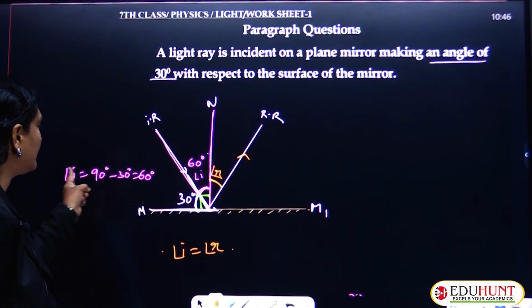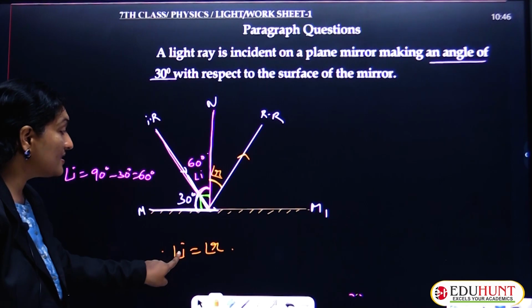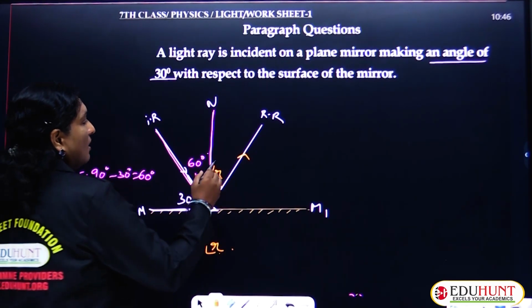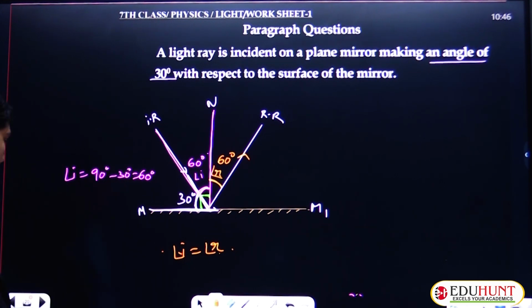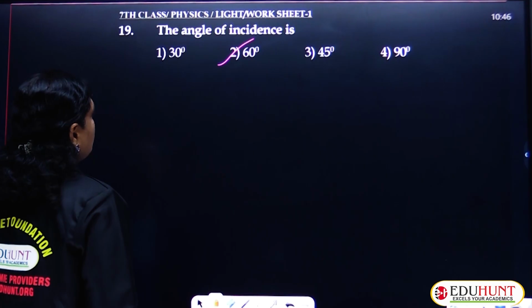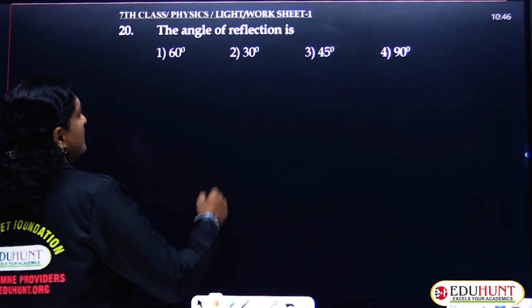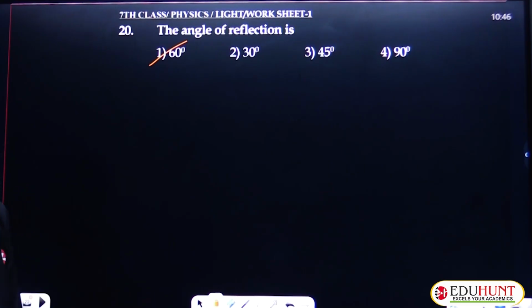Just now we have calculated the angle of incidence as 60 degrees. If the angle of incidence is 60 degrees, then the angle of reflection must also be equal to 60 degrees from the laws of reflection. Okay. Hence, the correct option must be option 1, that is 60 degrees.